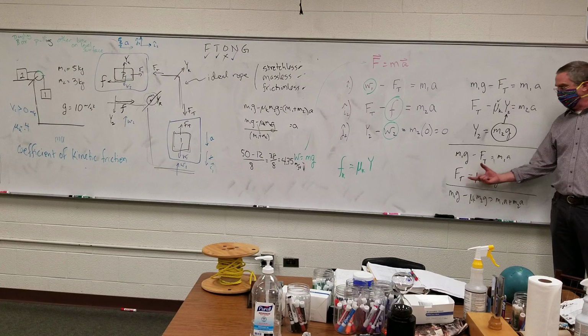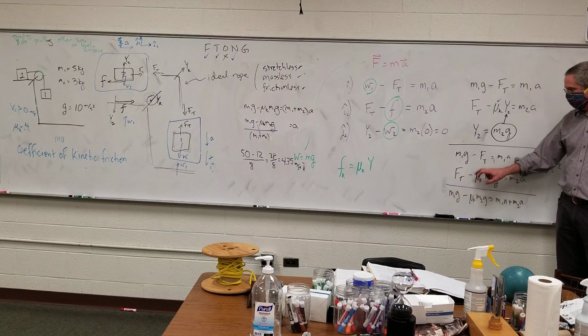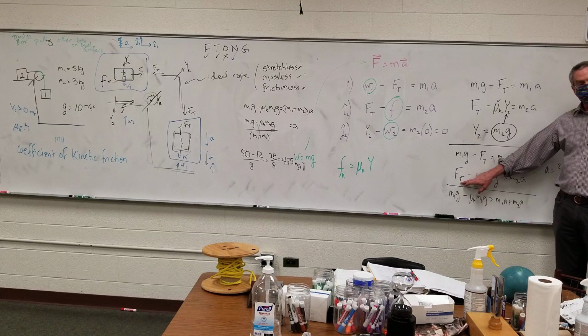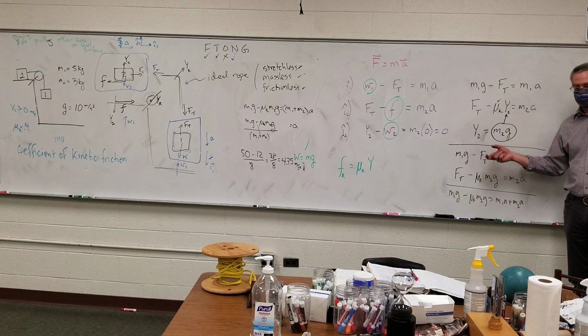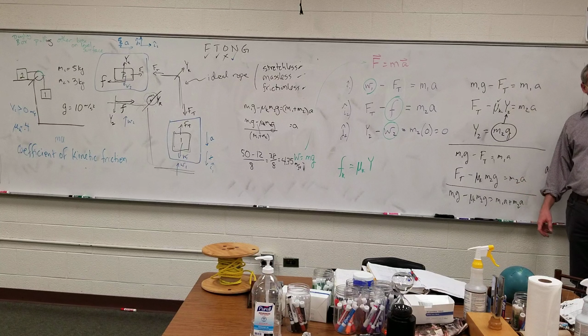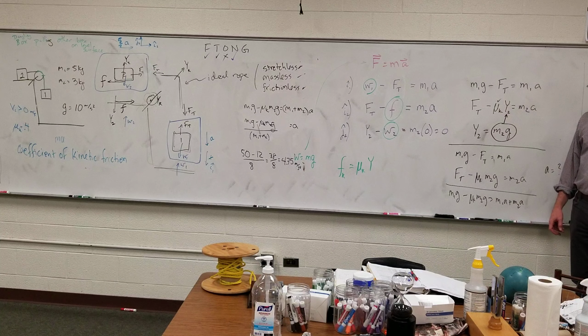One way of doing it is, if I add the left-hand sides, I get a negative tension and a positive tension, and they cancel out. Some students prefer instead to solve for tension in one of the equations and then substitute it into the other. That's fine too. But I do have 2 equations and 2 unknowns. I don't know tension and I don't know acceleration, so I have to somehow combine the 2.